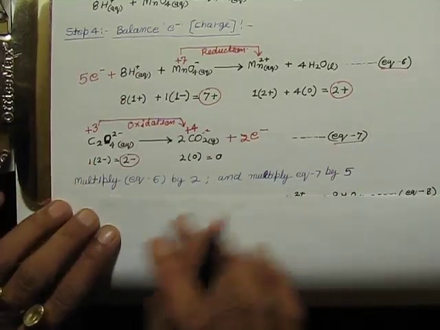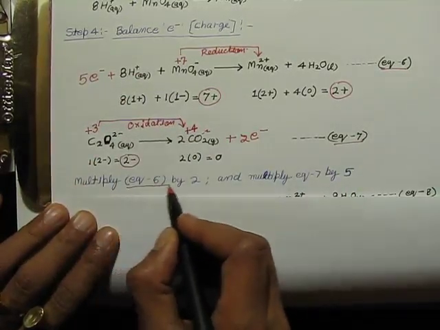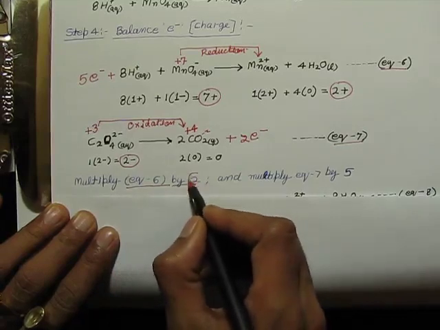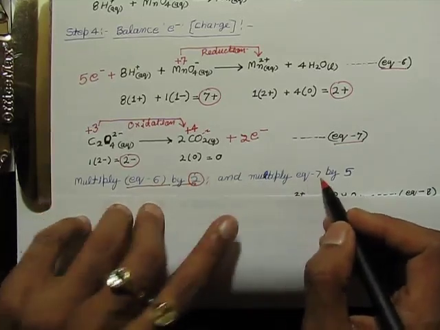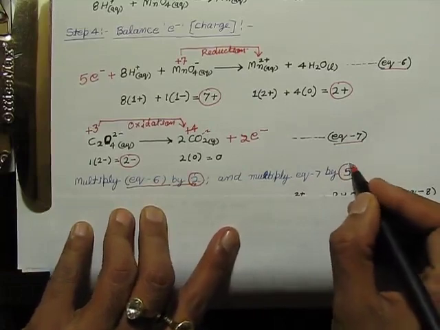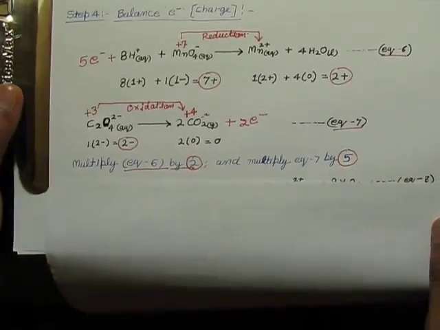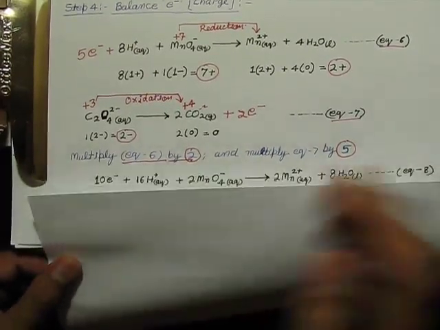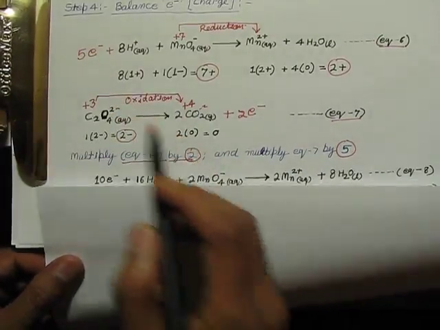So what we have to do is multiply equation number 6 by 2, and multiply equation number 7 by 5. If we multiply equation number 6 by 2, what will happen?